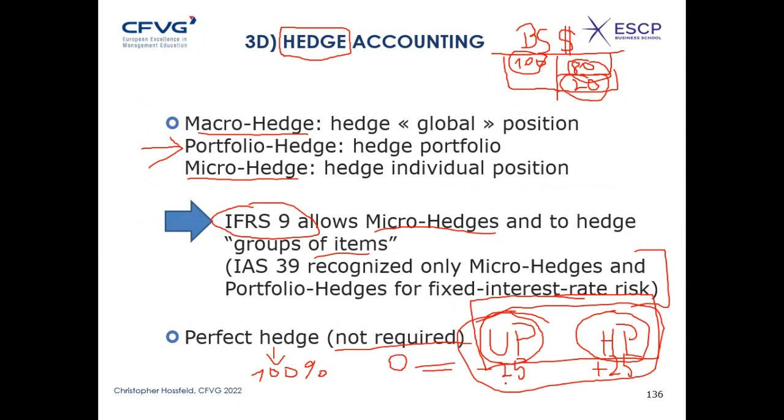But maybe my underlying position decreases by 100, and my hedging position, my derivative mostly, increases only by 95. So here I would say the hedge effectiveness is only 95%. If you take 100 over 95, the hedge effectiveness is whatever, 105%, something like this.